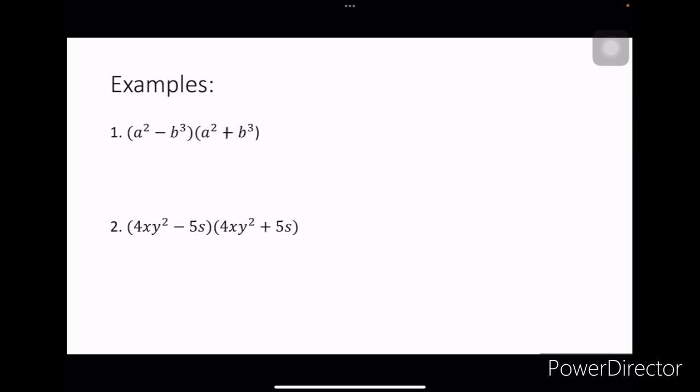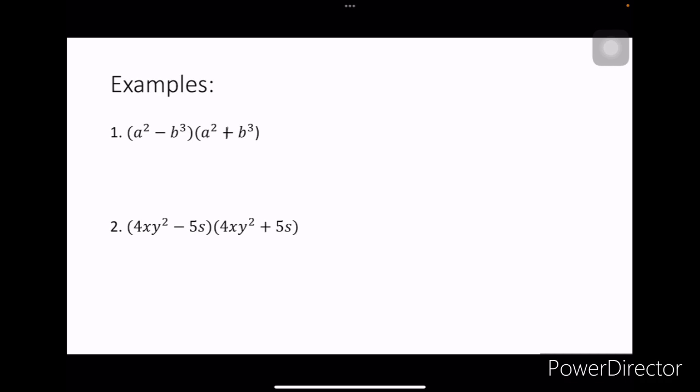So you will have the quantity of a squared minus b cubed times the quantity of a squared plus b cubed. The first thing you need to do is to determine which one here is your first term and which one is your second term, and check if these two terms are separated by a minus sign or a plus sign for each factor.